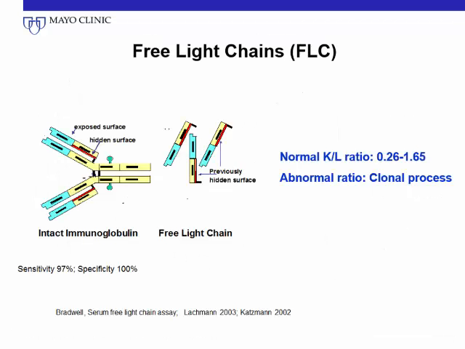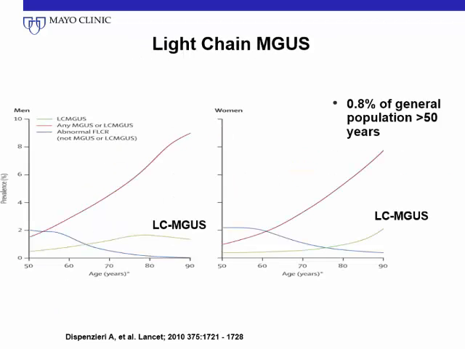Later on, more recently, we have a new assay called the free light chain assay, which is able to detect monoclonal light chains only without intact immunoglobulin. And if you look at free light chains, there is an extra 1% of the general population who has a light chain MGUS. That is, they have a monoclonal protein, but it's not heavy and light chains.